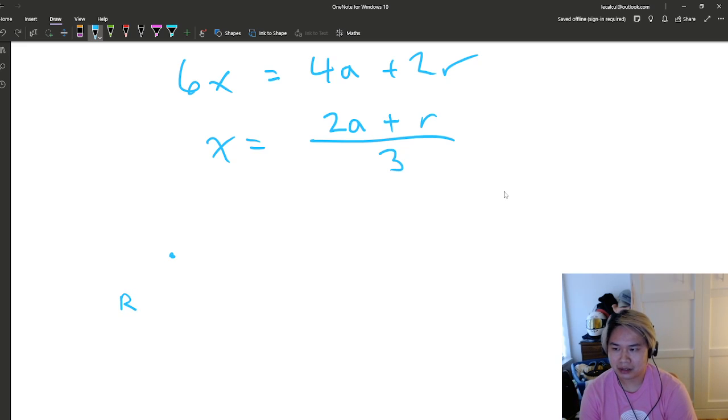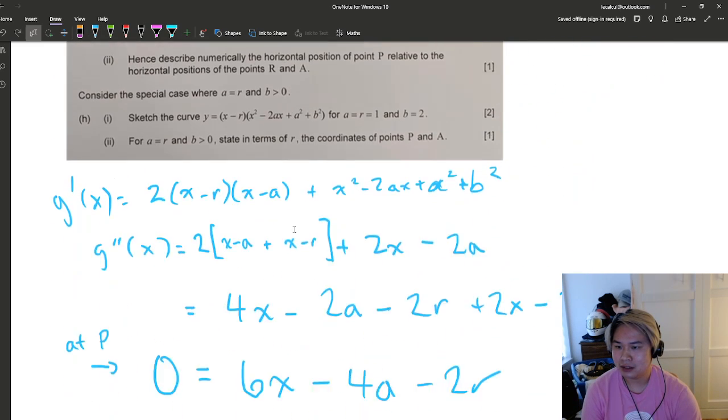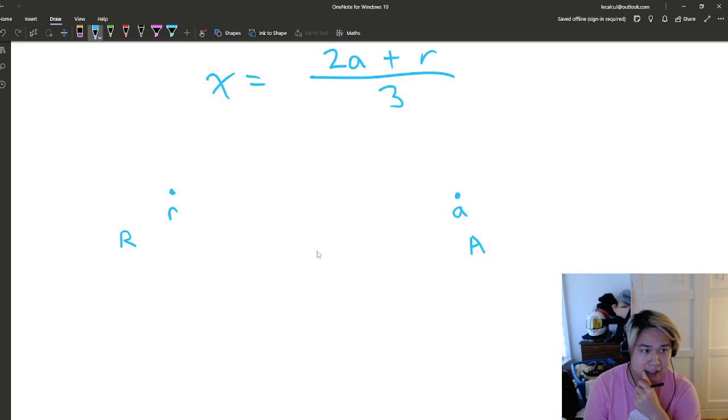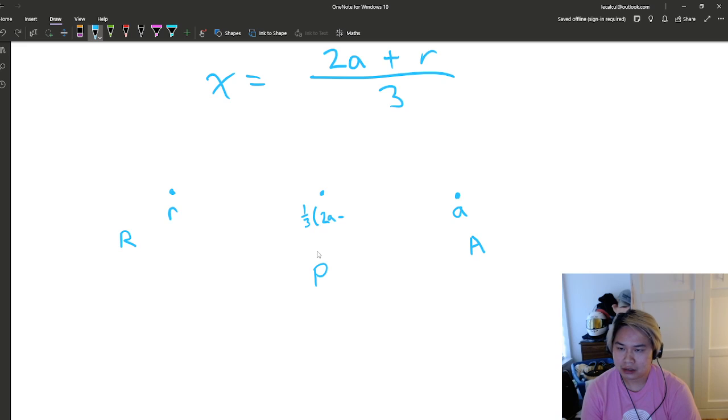Capital R has a horizontal position of R. Then we have point A, which has a horizontal position of A, and then somewhere in between we got point P, which has this horizontal position, 1/3 of 2A, minus, or sorry, plus R.